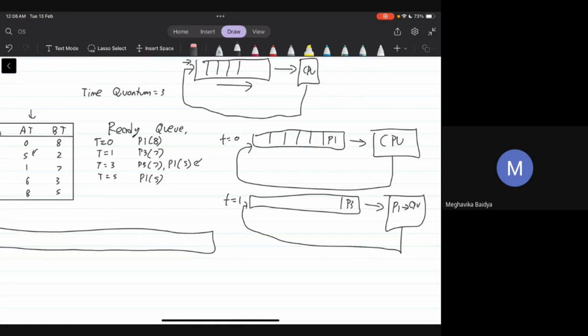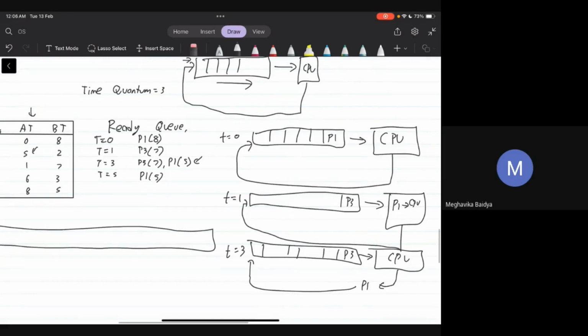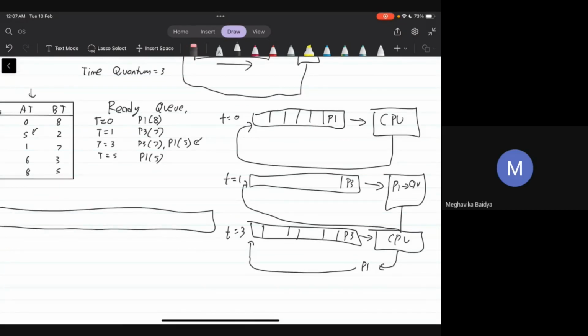And then when t equals 3, P3 is here waiting, and P1 is just coming out from the CPU, because 3 seconds is over for P1. It only has the limit of time quantum 3.